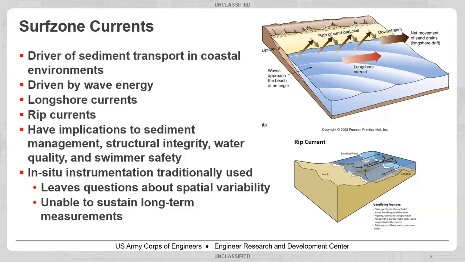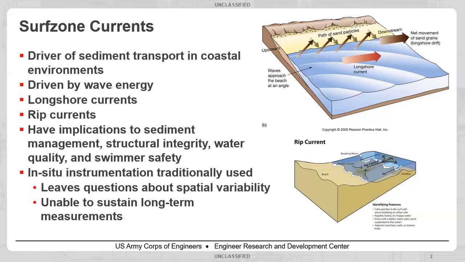All these currents have implications from a sediment management perspective. We're doing federal beach construction, as well as any hard engineered structures, so we have jetties, groins, piers. We're going to have rip currents in those areas that are going to impact the sediment. So these are some considerations that we have to make.